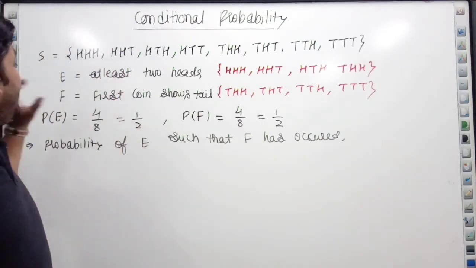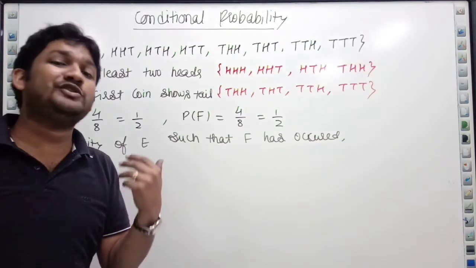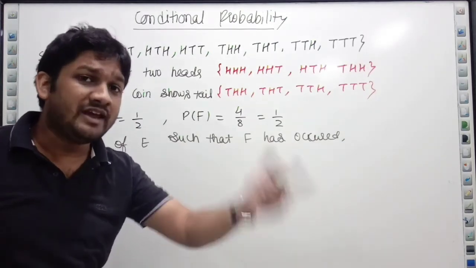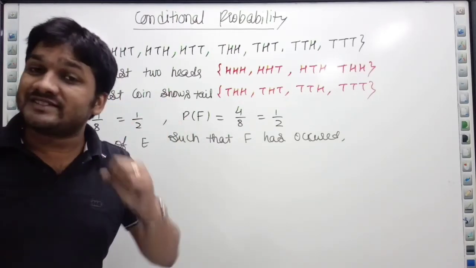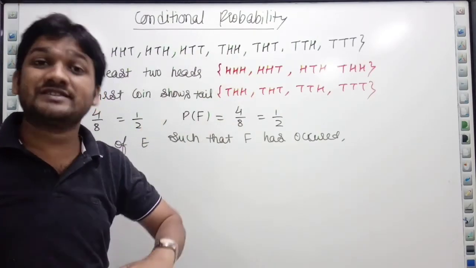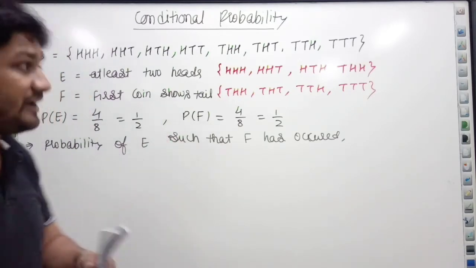The probability of at least two heads, given that the first coin shows tail. Now if I am tossing a coin 3 times, and I know the first coin shows tail, then will our sample space be the same or will it change?